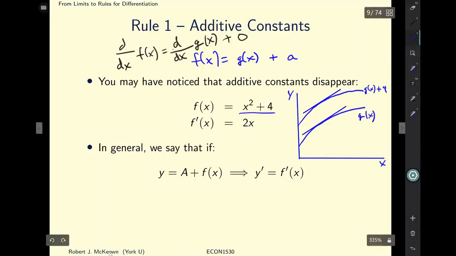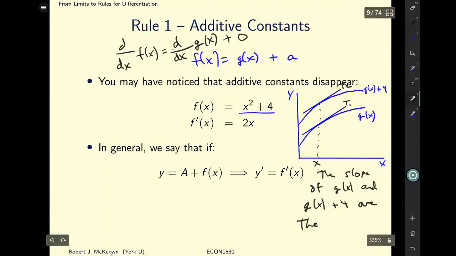It's not always easy. If these are the tangent lines for the respective functions, the slope of g of x and g of x plus 4 are the same.